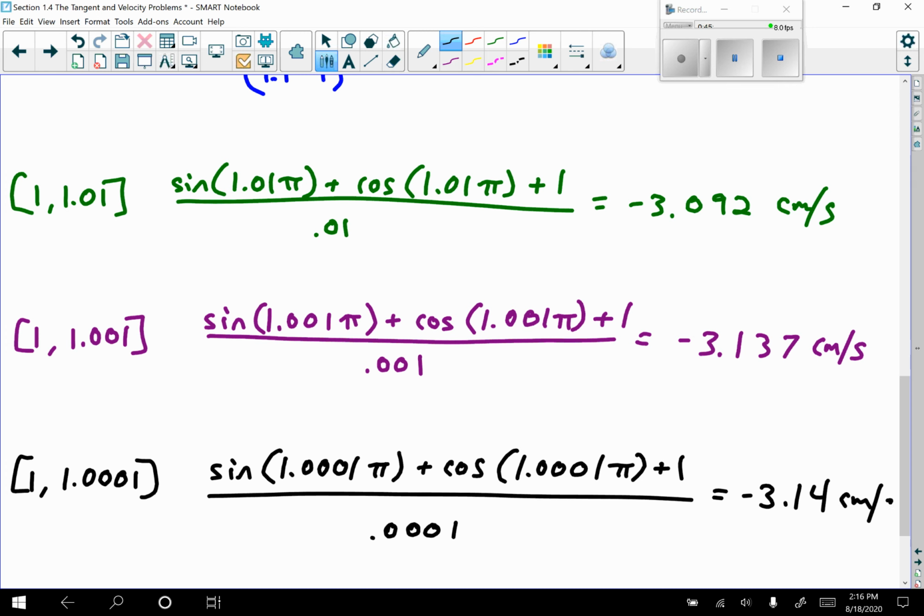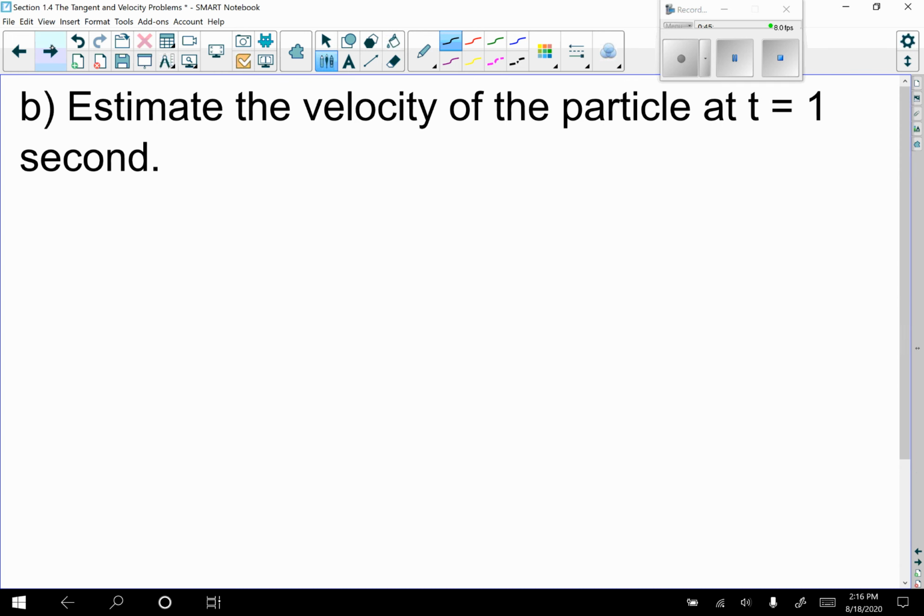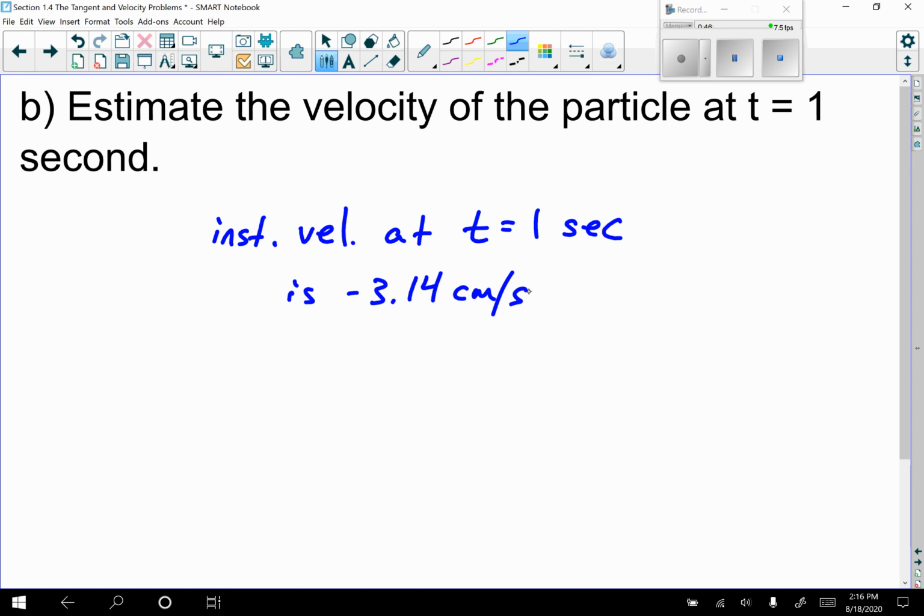And since that's what it's approaching here, that's what we could use to answer part B. Estimate the instantaneous velocity of the particle at t equals 1 second. So the instantaneous velocity at t equals 1 second is a negative 3.14 centimeters per second.